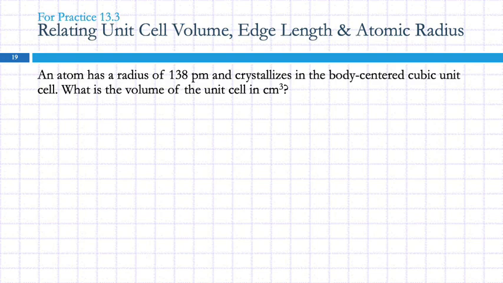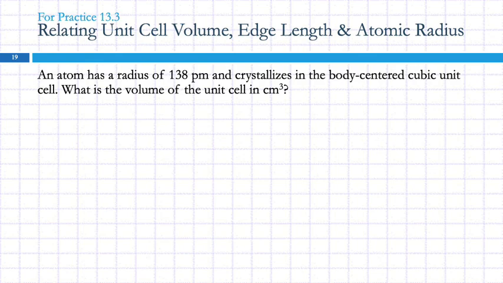So we can use the knowledge about the edge length and the type of crystal structure to calculate the density of an element, or to use the density. Well, actually, I'm getting ahead of myself.